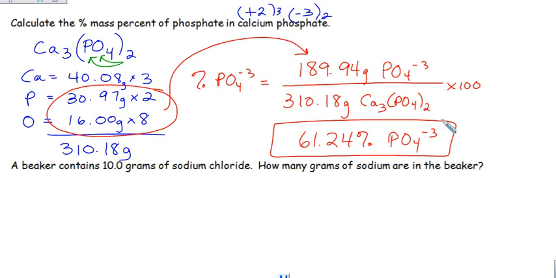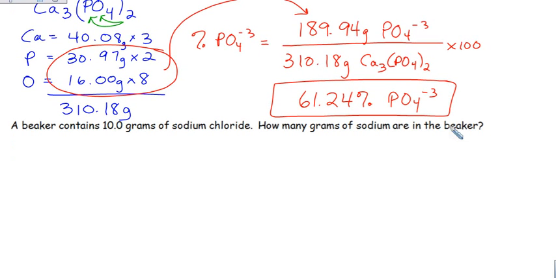Now these last 2, these are the ones that I really like, because this starts bringing in some lab data. This is how we're going to use percent composition. In the lab, I could measure 10 grams of sodium chloride. Now let's say I wanted to do some kind of a chemical reaction where I decompose the sodium chloride. I separate the sodium from the chlorine.